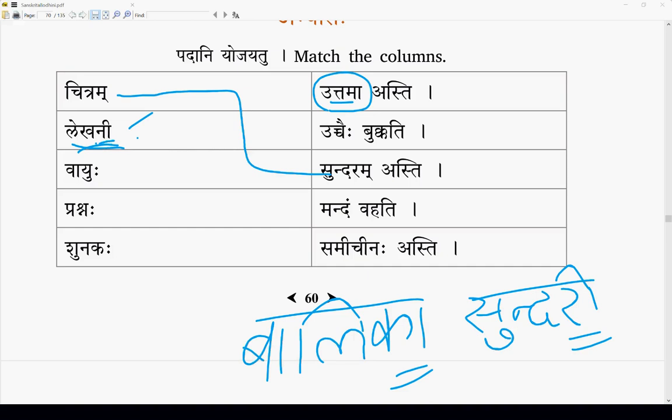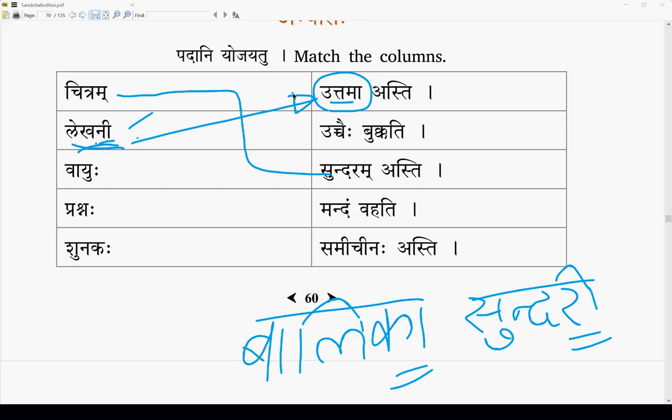So if Lekhani is given, Uttama should not become Uttami. But Lekhani can be Sundari. Lekhani Sundari asti. Lekhani Uttama asti. Lekhani Samichina asti. That's fine. So this goes here.